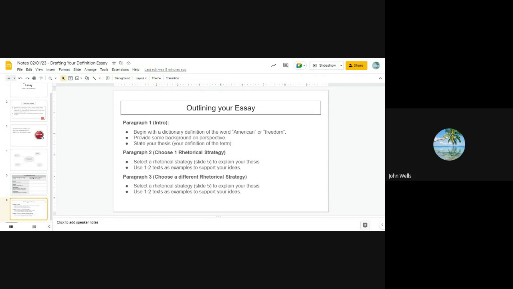Paragraph 2, which we will write later, is a rhetorical strategy that a text used to define what is American, and whether or not you agree with it. And then paragraph 3 is another rhetorical strategy. So let's say you use exemplification, and you found a text that shows exemplification and you like the way it does it, and that helps you understand what American is.